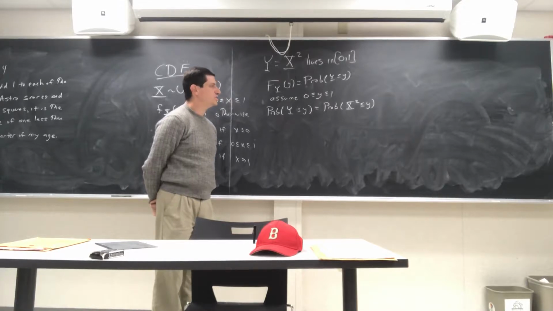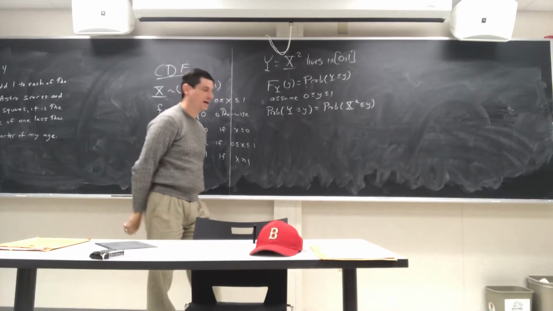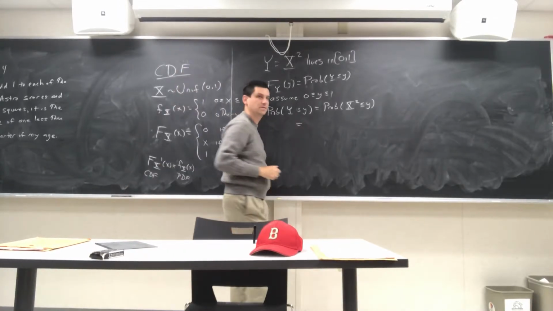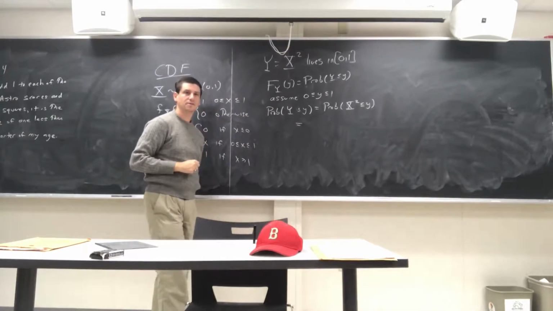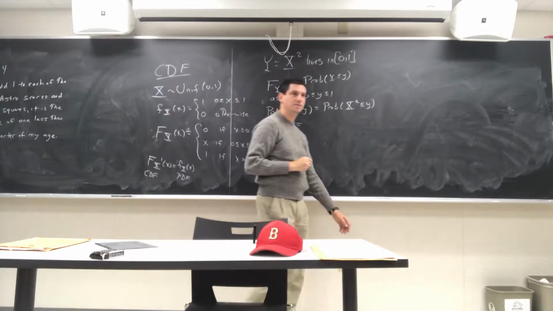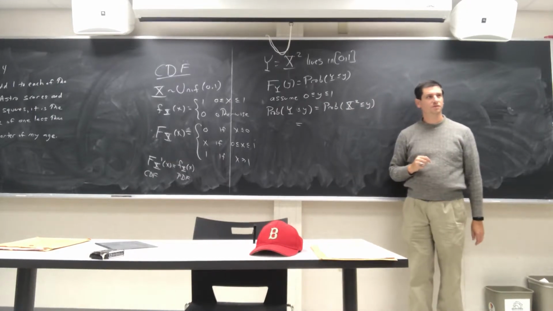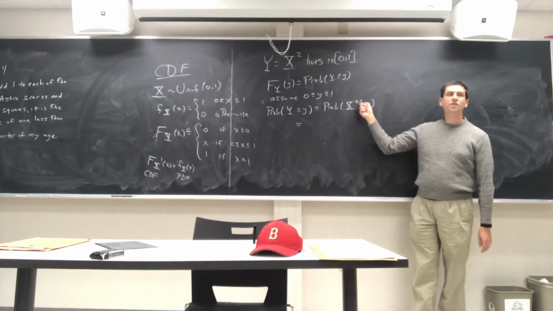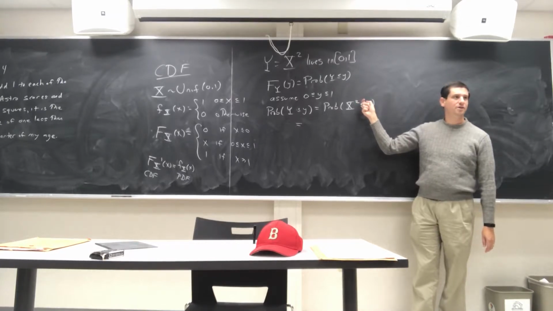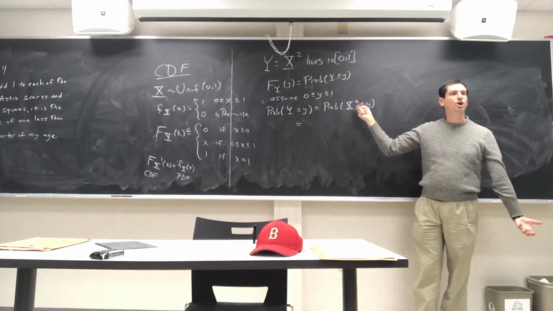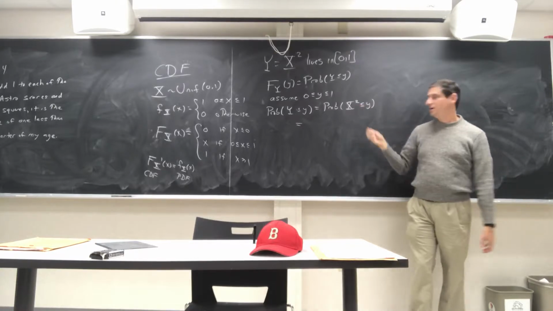What is the probability that X squared is less than or equal to little y? How should I write that? So I don't want things in terms of X squared. I don't know things about X squared. What do I know? Square root of the big Y?